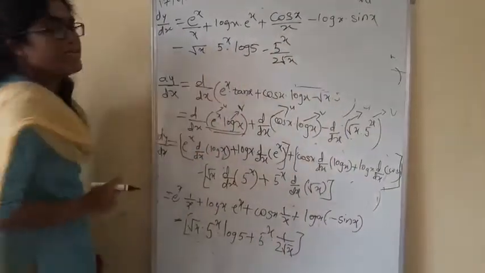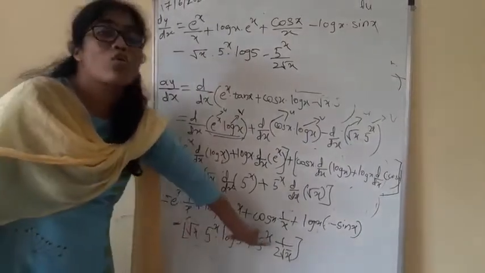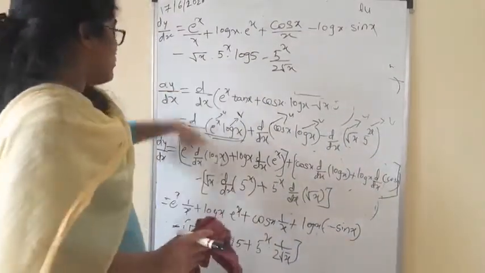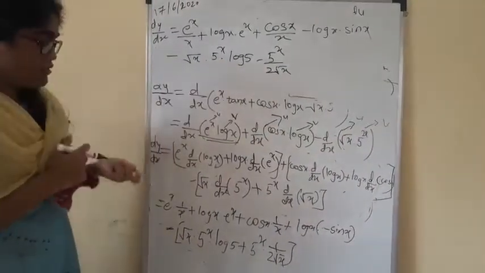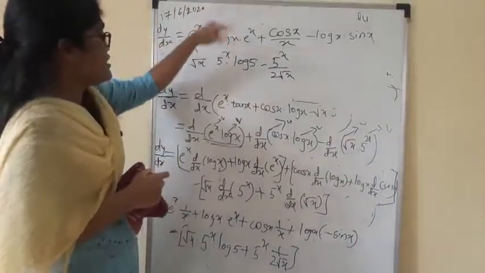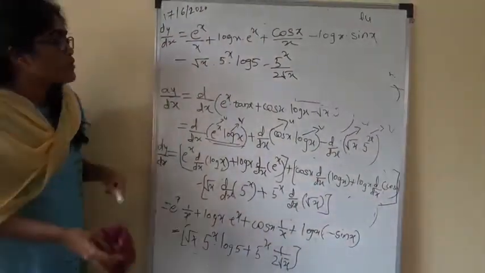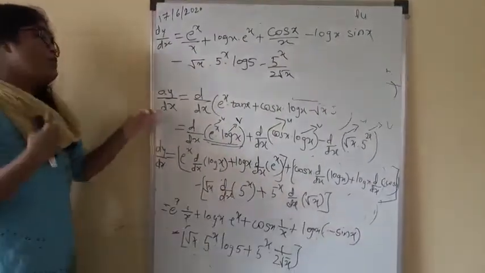This is our final answer. Here we have just multiplied this minus sign to the whole bracket. So do not forget to do this step. Do it till the last, which means the most simplified form must be there in this problem.